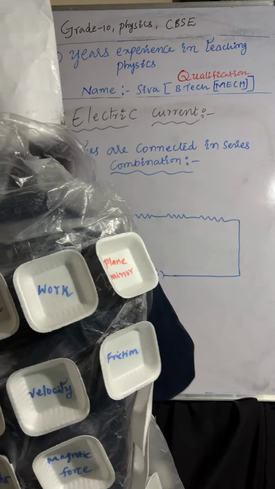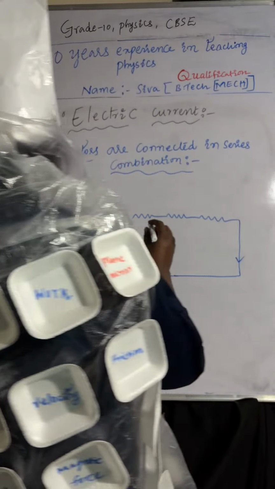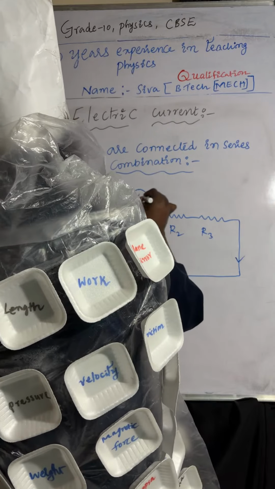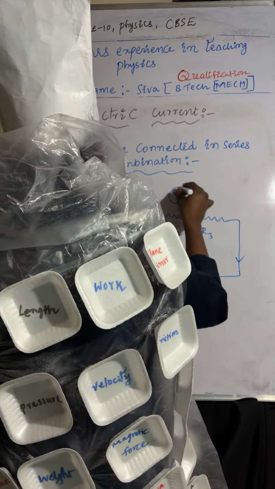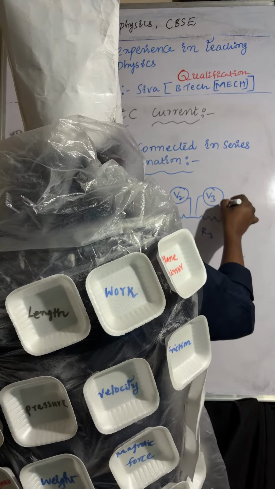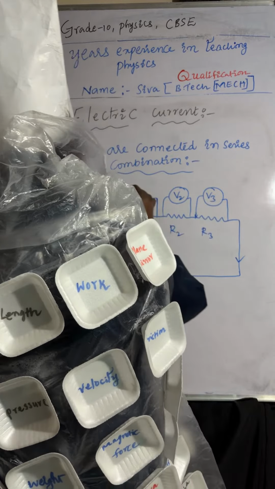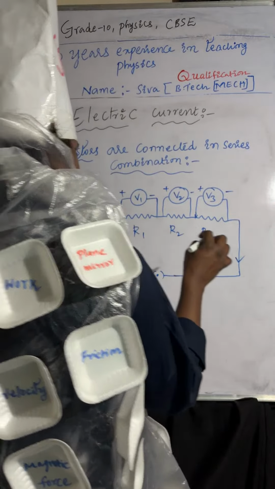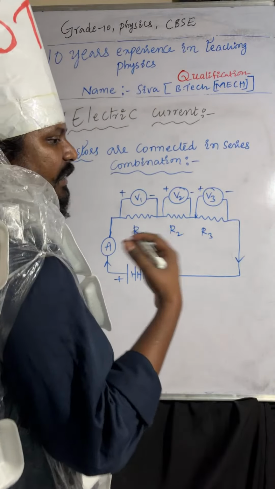Here current is passing, yes or no? If you connect the circuit, automatically current will pass. This is R1, R2 and R3. Across R1 I am connecting V1, across R2 I am connecting V2, across R3 I am connecting V3. Current is passing, so throughout the circuit current is the same.